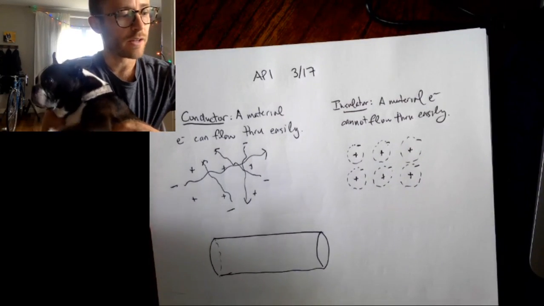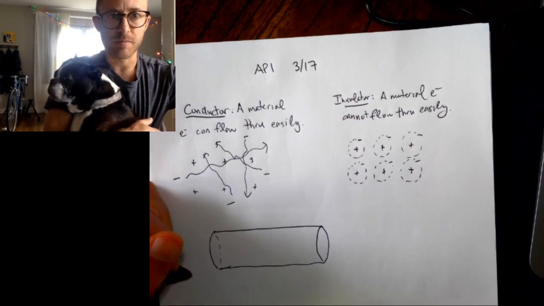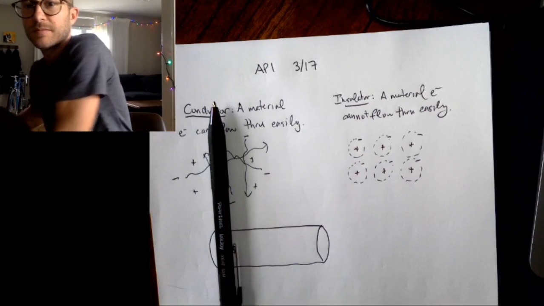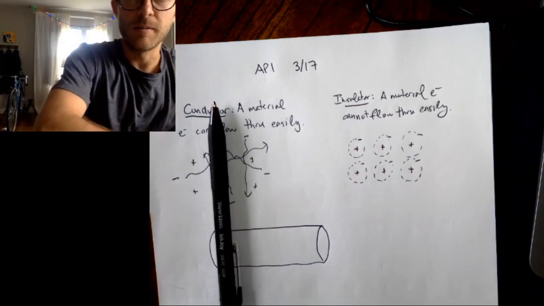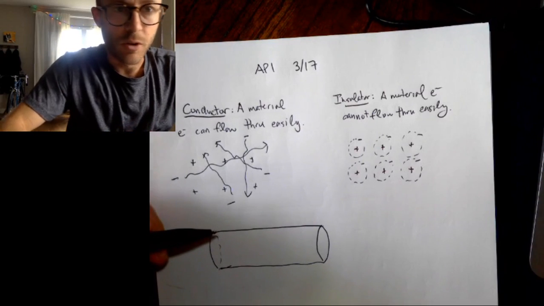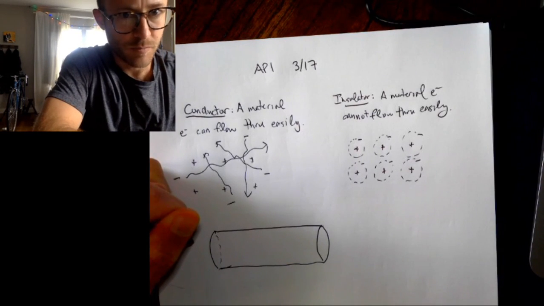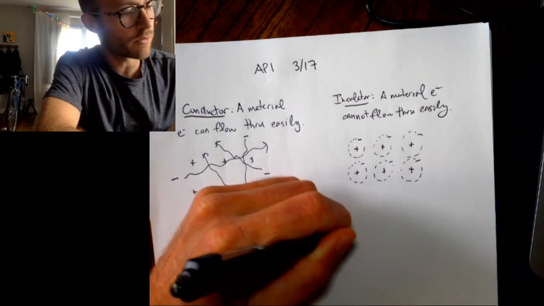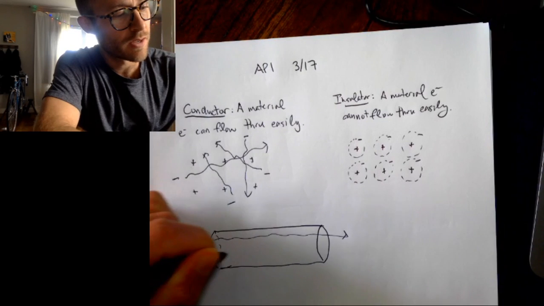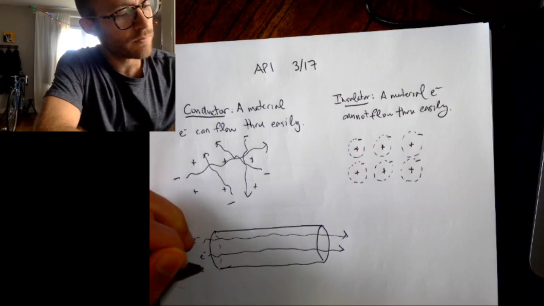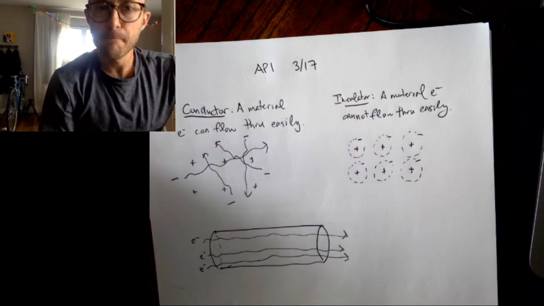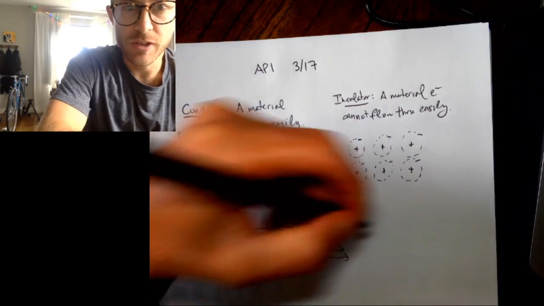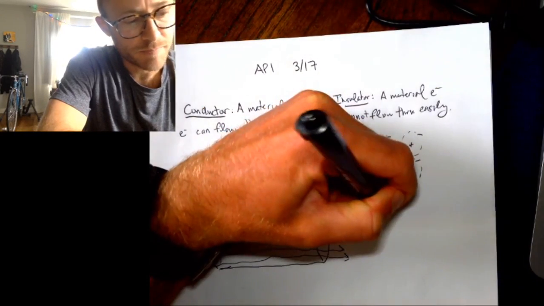I'm going to set bug down. This conductor is going to have charge flowing down it. It's got all of these electrons flowing through it. And there's this thing called electric current.